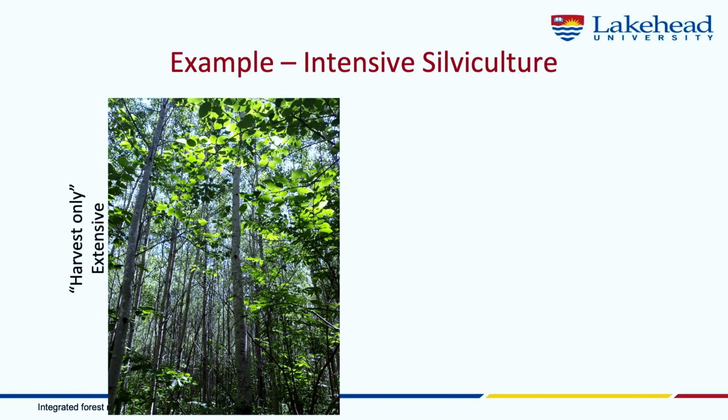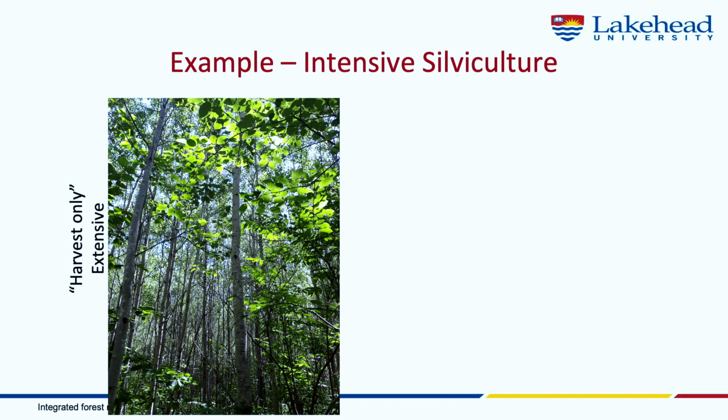There's actually a trial of this that is being developed, again part of the field experiment network that's being established for it. On the left here, this picture shows us the bounce back of a stand after the harvest only.